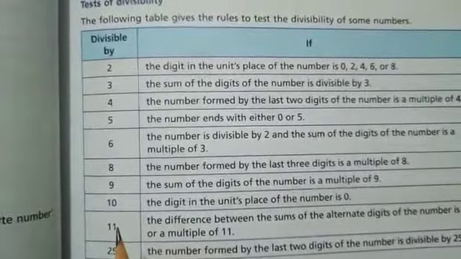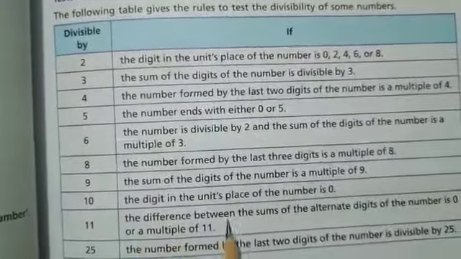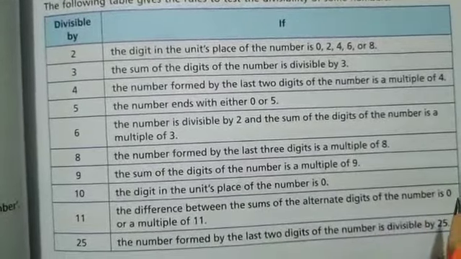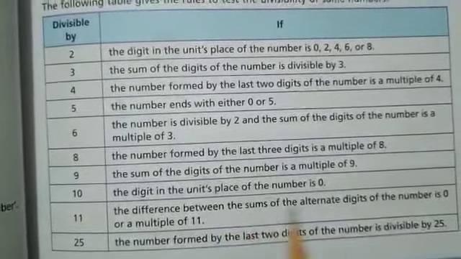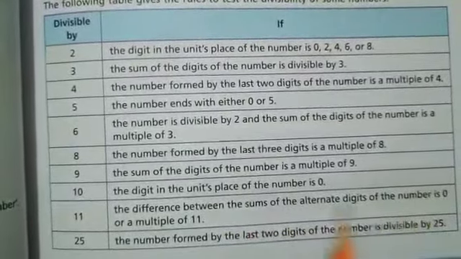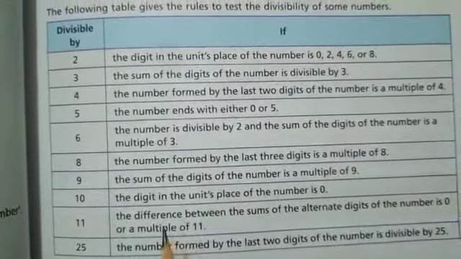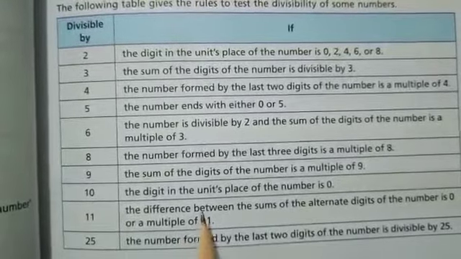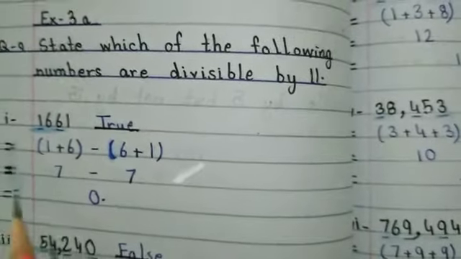We check this number: the difference between the sums of alternate digits of a number is 0 or a multiple of 11, then we say that it is divisible by 11. Means that we sum the alternate digits and then subtract, and the answer becomes 0. So if we follow this rule, we easily solve question number 9.